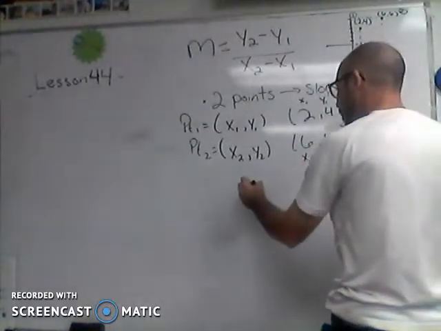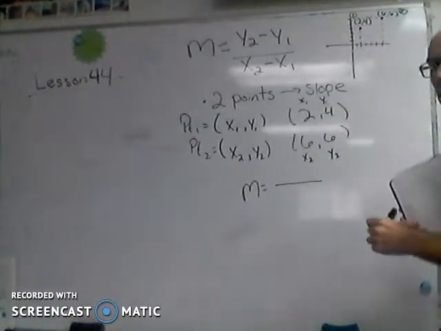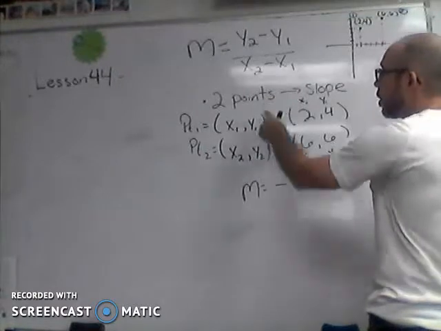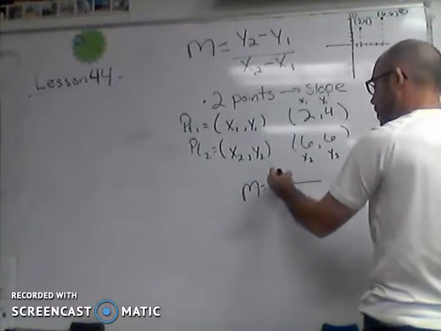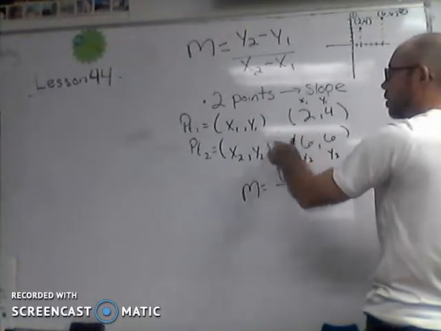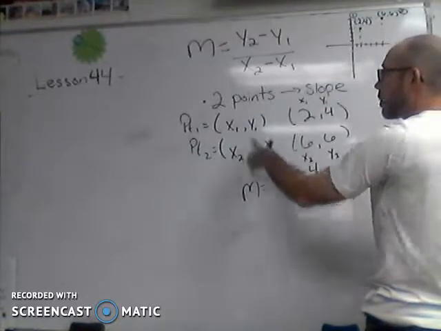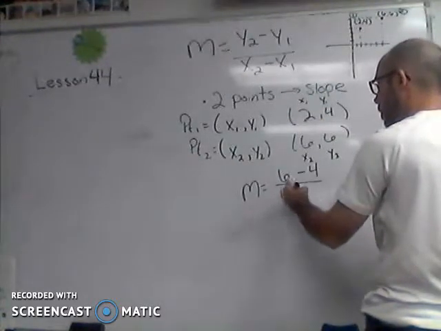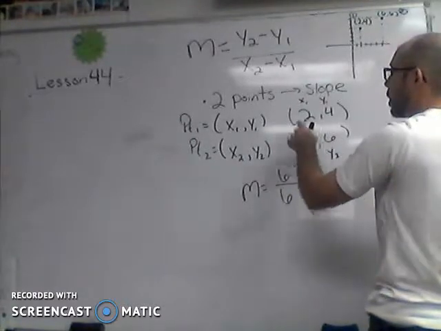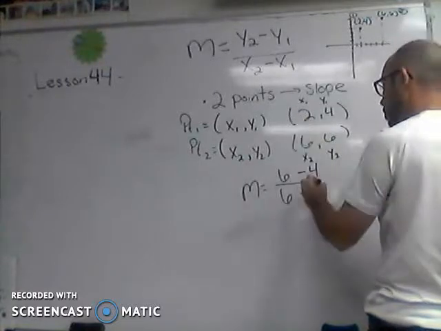And I'm just going to do this mathematically now. I'm going to plug these numbers into the slope formula. And so I just have to follow along and say y2, and then find that. That would be 6, minus y1, which was 4. Now on the bottom, I'm supposed to find x2, and that would be 6. I'm going to take away from that in the formula x1, and that would be 2.